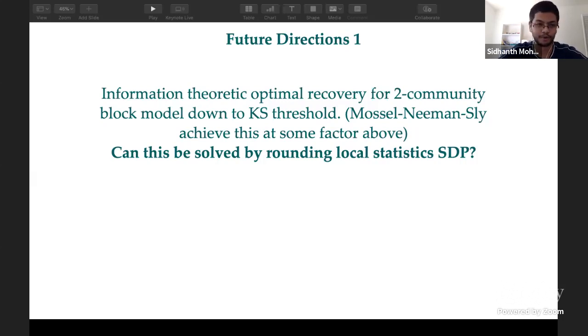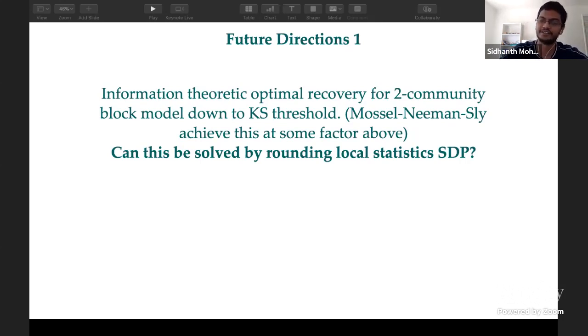But there's a more nuanced question here, which is that for a given two-community block model with certain parameter settings, there is an optimal recovery that you can perform information theoretically. There's a paper of Mossel, Neeman, and Sly which does this, but not right down to the KS threshold.